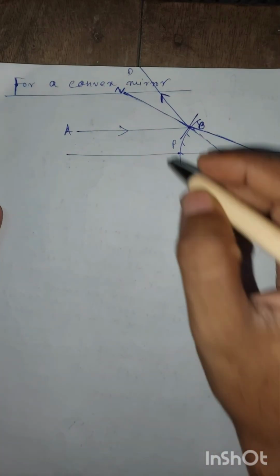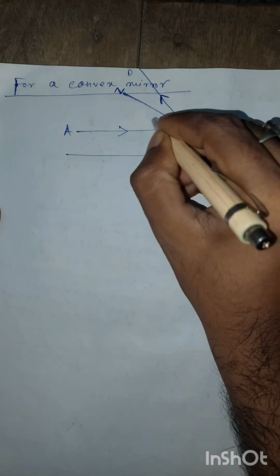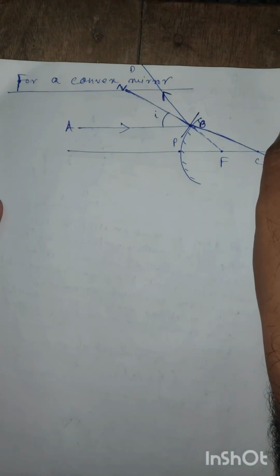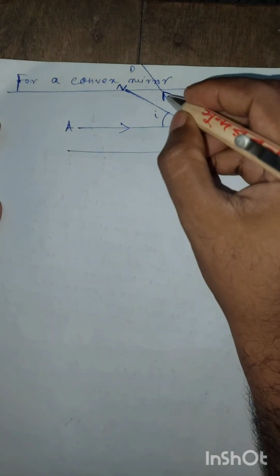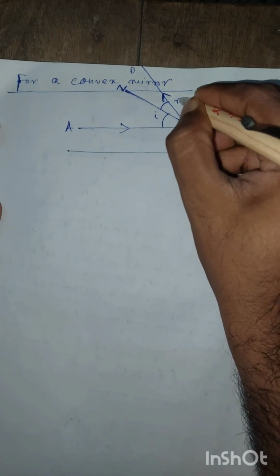This is our angle of incidence, angle I, and this is our angle of reflection, angle R.